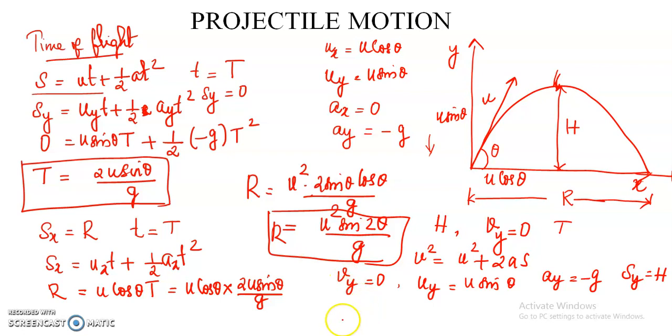Substituting all these parameters in this equation, we obtain 0 equal to u square sin square theta minus 2gh.